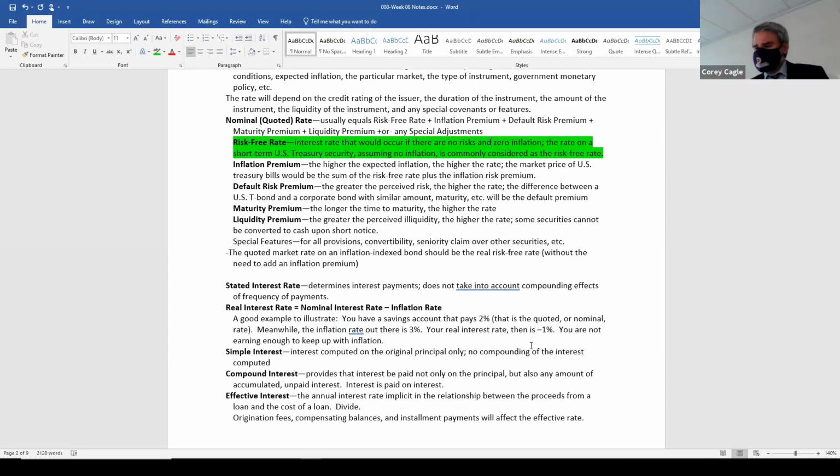All right. We've got the real interest rate. It's one of those that's kind of hard to remember what they're talking about. It's this quoted rate minus the inflation rate. There's a little illustration here that I typed out after seeing one of the problems in the assessment. If you have a savings account that pays 2%, that's the quoted rate, nominal rate, whatever you want to call it.